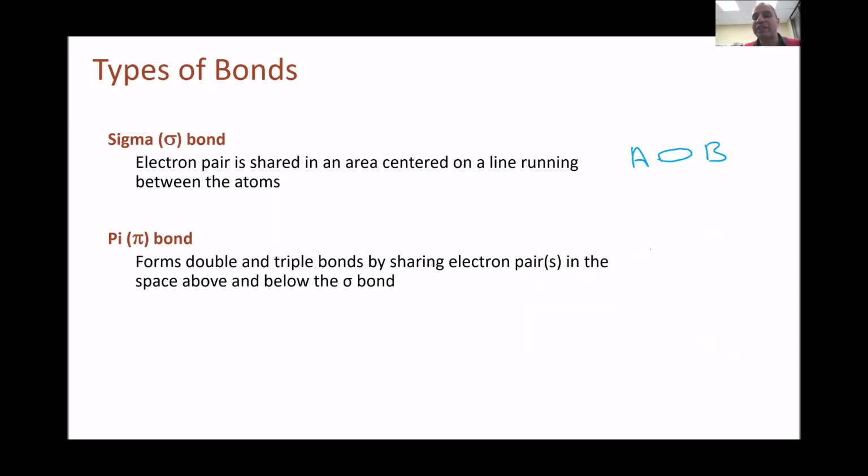But if you have a side-by-side overlap, the bonding electron cloud in this case is going to be localized on top and below the two bound atoms, and the bond formed in this case is going to be called a pi bond.